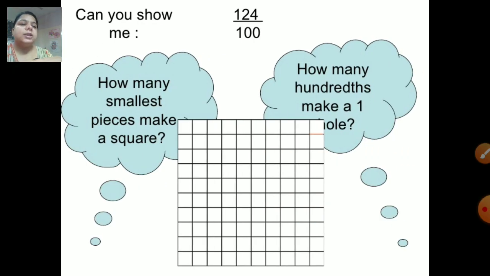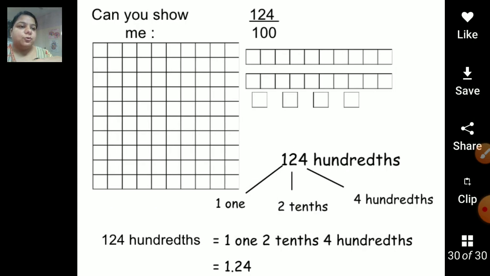Now 124 upon 100. How many smallest pieces will make a square? These are 100 small squares. So it means in 124 there is one whole, then remaining is 24, right? So 2 tenths and 4 hundredths.